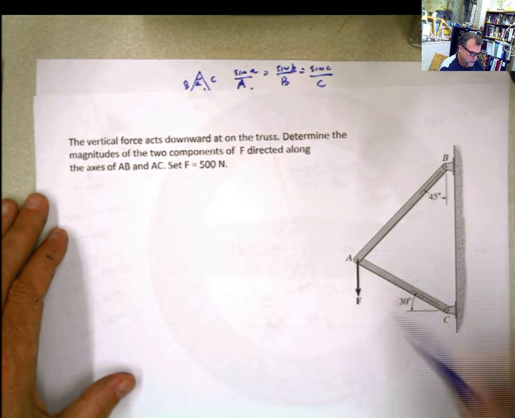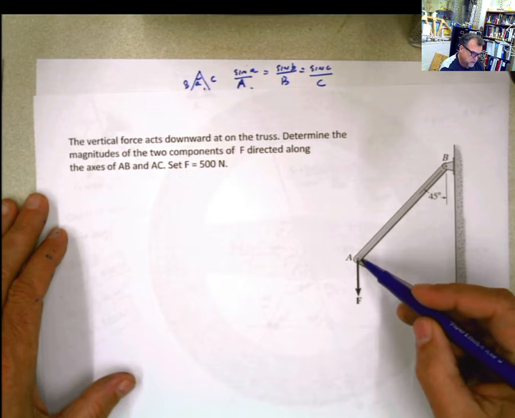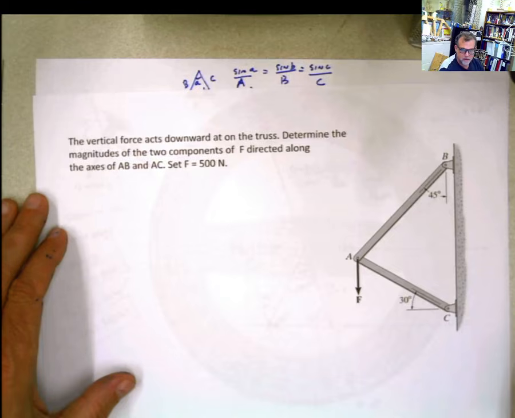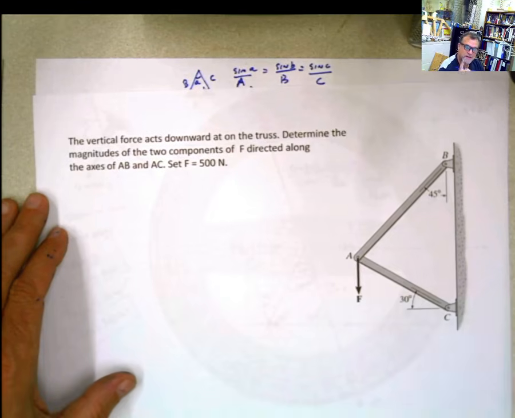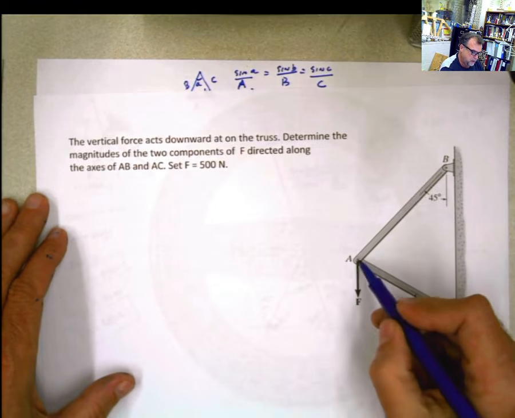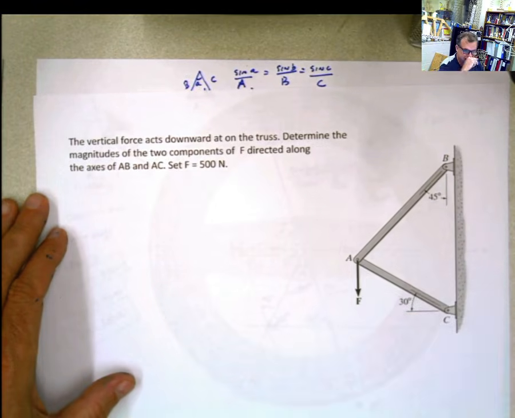But the important thing is that the problem is asking you to find the components of this force over those two axes, or those two bars, or those two members. And by the way, this is the same method that we're going to be using for calculating the trusses. It's called the method of the joints. But I want you to do it, and I want you to calculate those two forces over there.